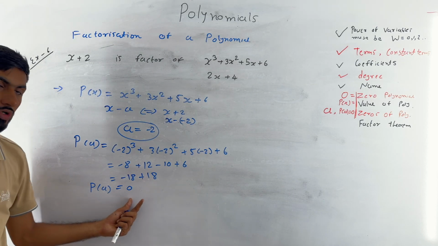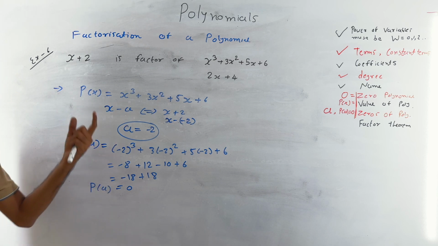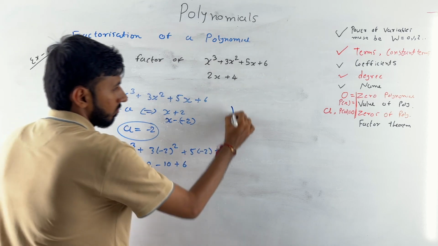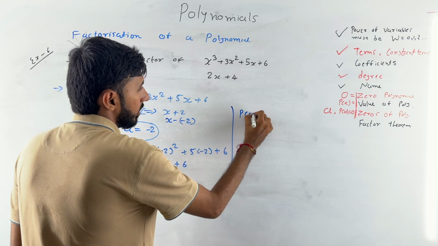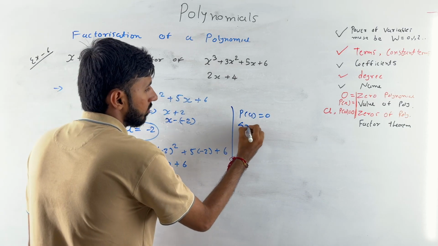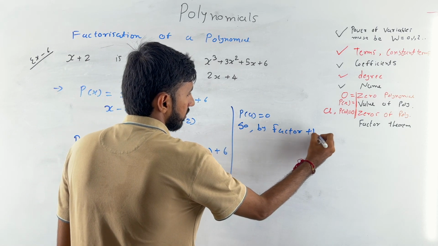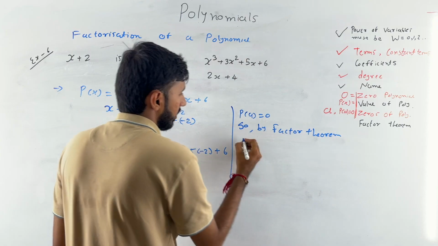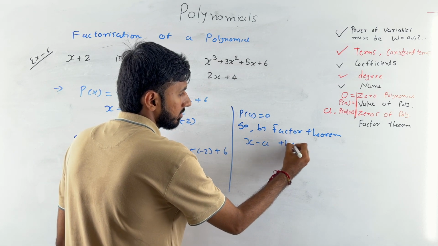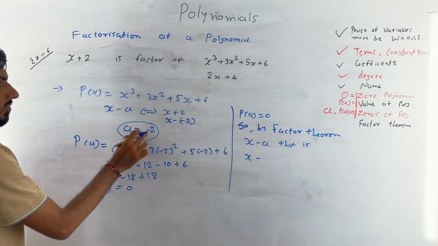P of a is equal to 0, that means by the factor theorem I can say that x minus a is a factor of this polynomial, right? I got a is equal to minus 2.